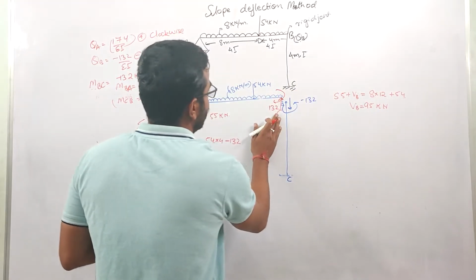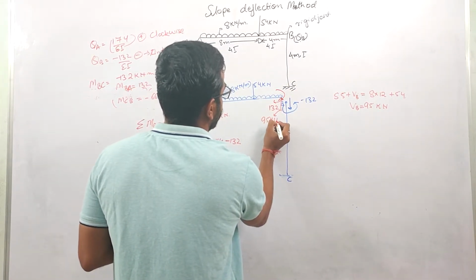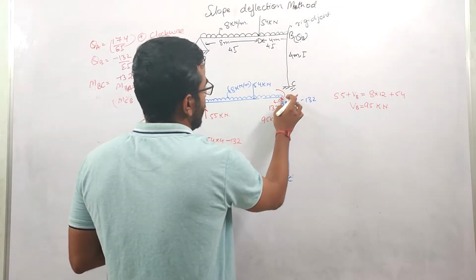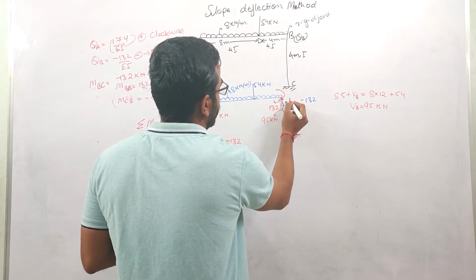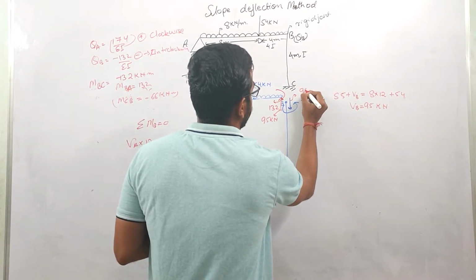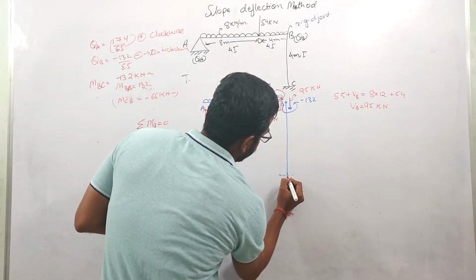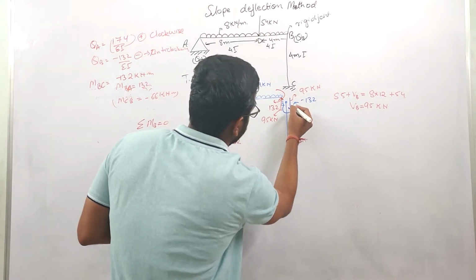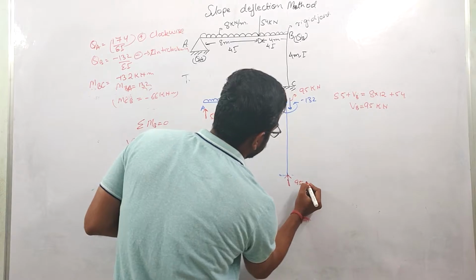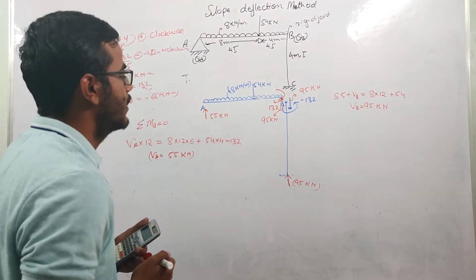Now to balance this joint, the same load will act in the opposite direction, and the value of this again will be 95 kilonewton. From this end, to balance this downward load of 95, there will be an upward force which will be 95 kilonewton.